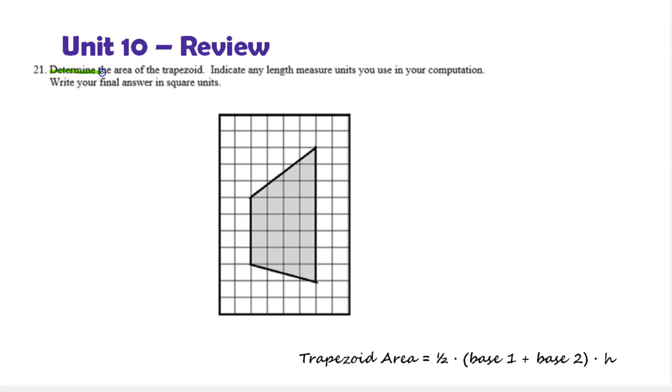Here we're asked to determine the area of a trapezoid, indicate any units we use, and give our final answer in square units. So the area of a trapezoid is 1/2 times the sum of the bases times the height. First, what are the bases? The bases are the parallel sides. So these sides are not the bases of the trapezoid, because they're not parallel. That means these sides are the bases.